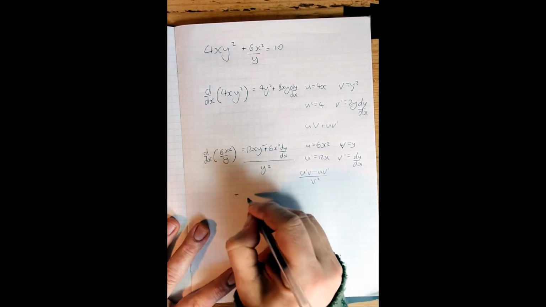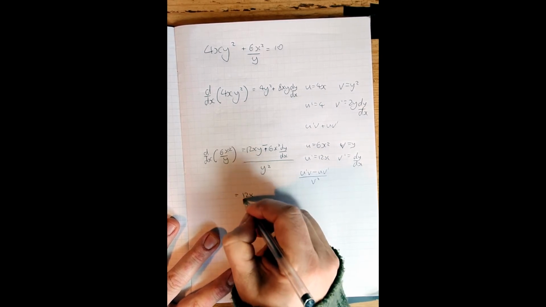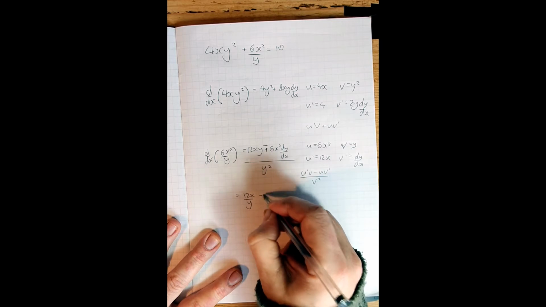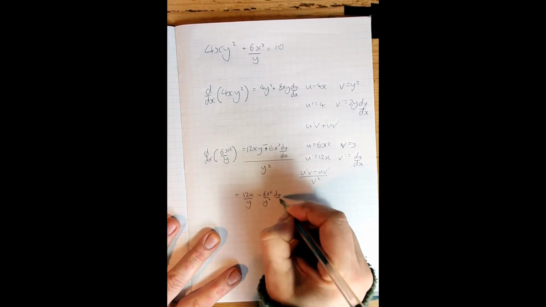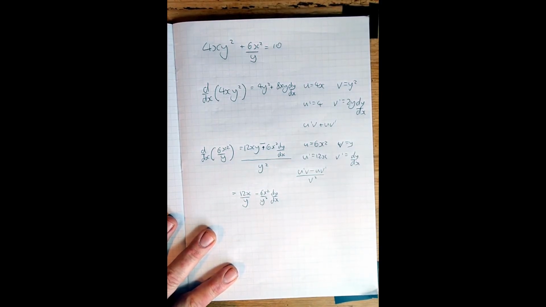And I'm going to simplify. 12xy over y squared is just 12x over y. And then 6x squared over y squared, I'm just going to write it slightly differently because I just prefer the look of that.